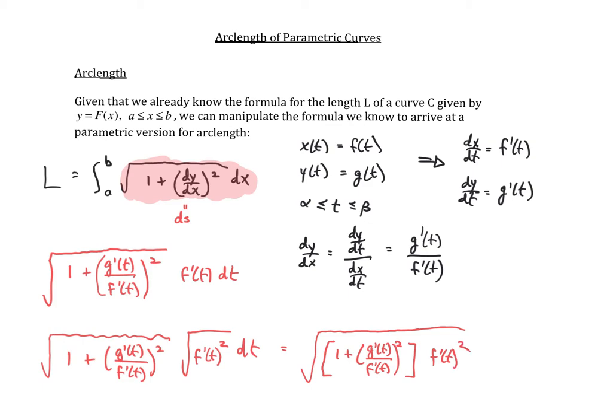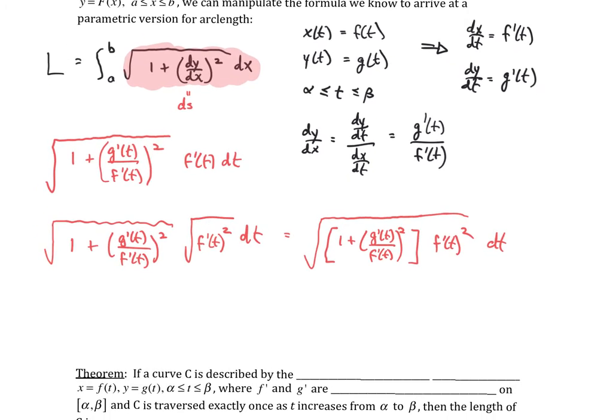All right, dt. So I am now going to distribute this f prime of t squared across these square brackets over here. And when I do that, I am going to get the square root of f prime of t squared plus g prime of t squared dt.